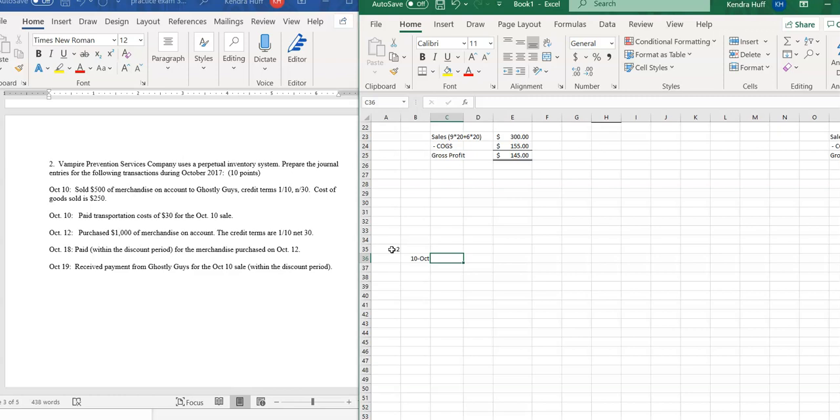Okay, so we sold it on account, so we have to have accounts receivable and sales. Now remember, it's net of the discount. So what I like to do, if it's a 1% discount, then I can just multiply by 99% because 100 minus 1 is 99.